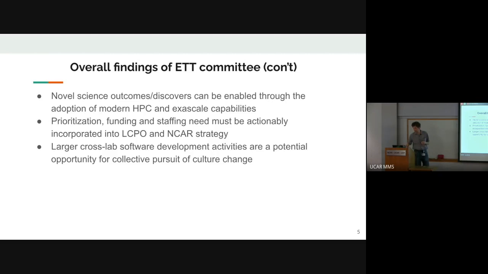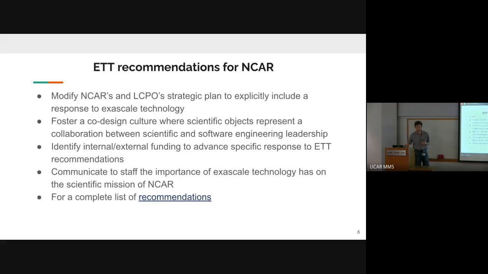We talked a lot about culture change in this committee. So these were the specific recommendations. We thought that the strategic plan should explicitly include the response to exascale technology, and say this is what the LCPO, for example, is going to do about this. We're not saying you have to do these 5 things. You just have to commit to and say you're going to do something, right?